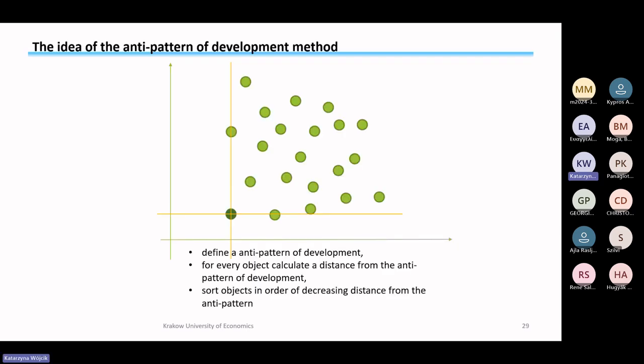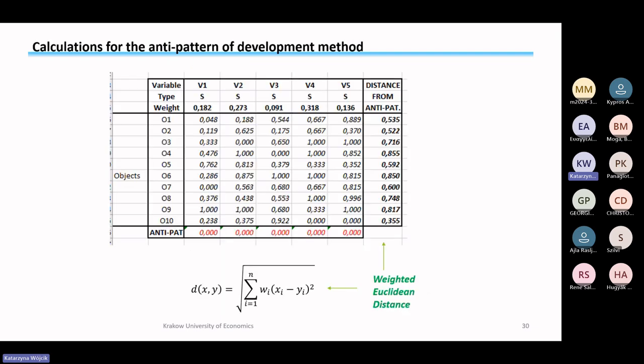Another method is the anti-pattern development method. In this case, we define an anti-pattern, so once again, an artificial object that represents the lowest values for all criteria. And once again, we calculate the distance from this anti-pattern. So the anti-pattern this time is zeros because we've got all stimulants.